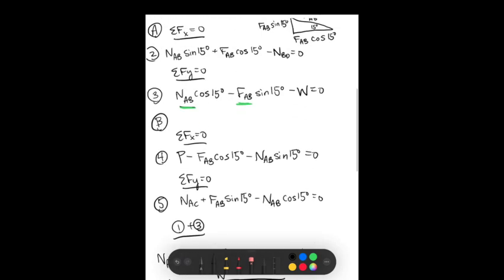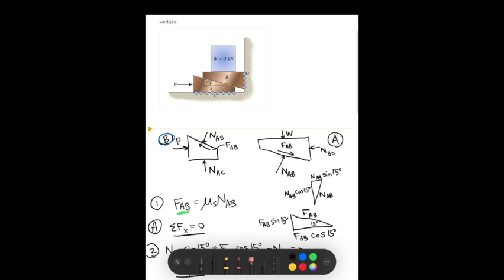So what we're seeing in this case is that the force P would be enough to overcome the friction force between the two wedges A and B. And that once the force P gets greater than that, it would force that first wedge A to slide underneath of B and lift up the weight.